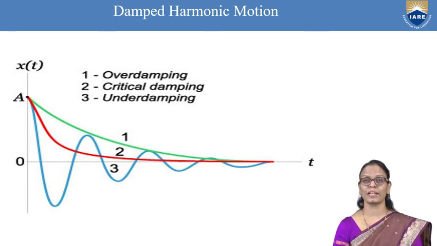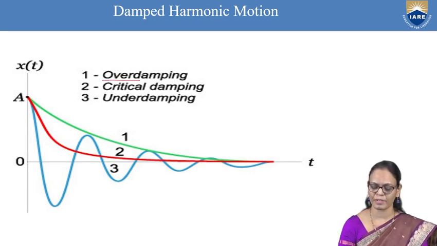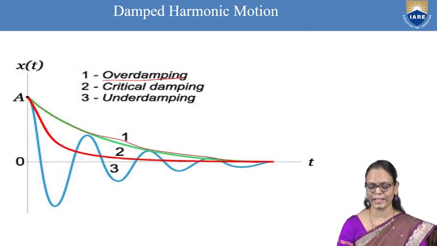Now coming to the graph, how do you represent it? First one is overdamping. If the overdamping is very high, you can see the green line. It is not oscillating. It will come to rest, but not so quickly. It will take time. Then the second one is critical damping. In critical damping also it does not oscillate, but it comes to rest very quickly.